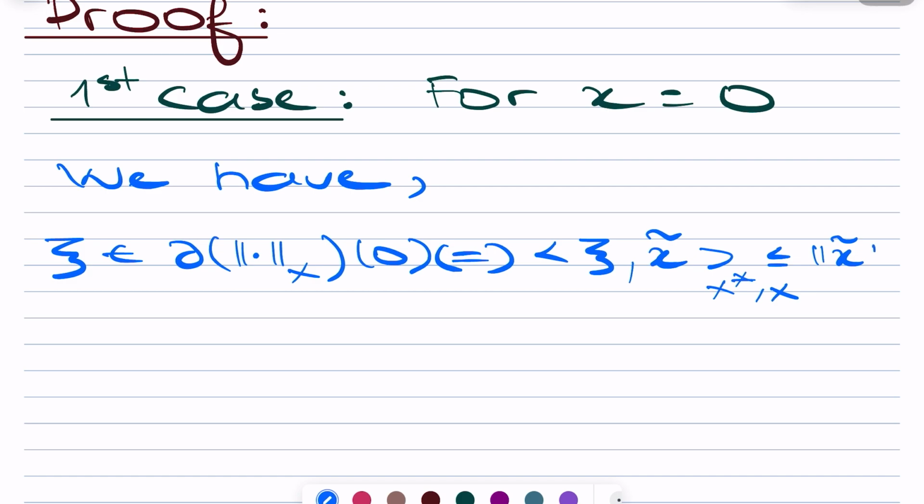Let me just recall for you, this is by the definition of the convex subdifferential.